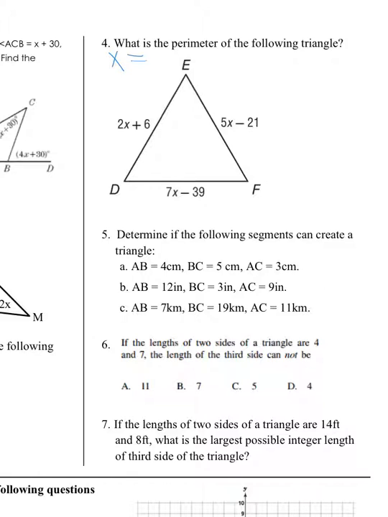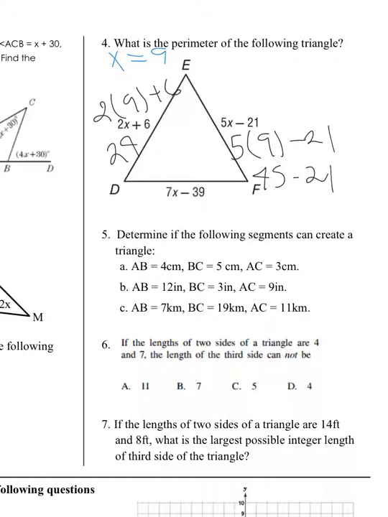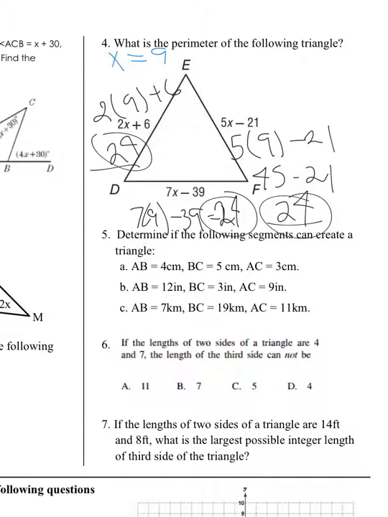So remember, x is 9. 2 times 9 plus 6. 2 and 9 is 18 plus 6, 24. 5 times 9 minus 21 is 45 minus 21, which is 24. 7 times 9 is 63, minus 39 is 24. So it does, in fact, give you 24 in all three.